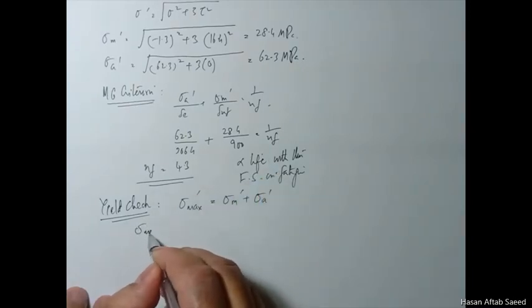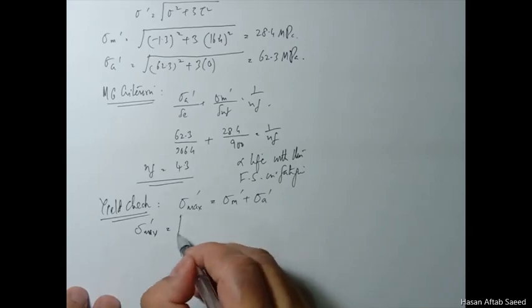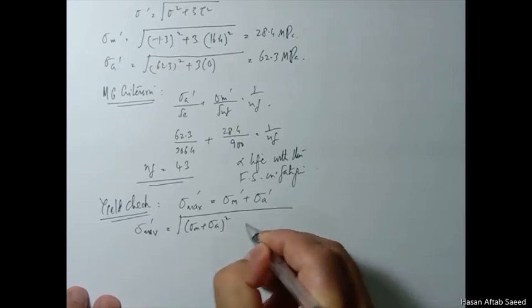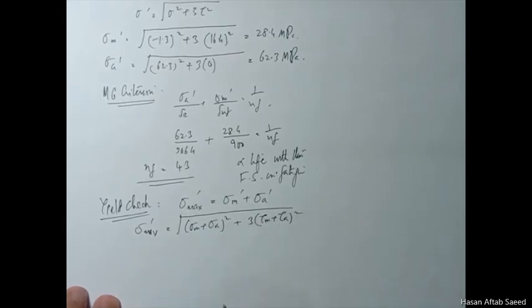Actually, the sigma max value is, again, the von Mises stress but calculated in this fashion. This will give you a different value.